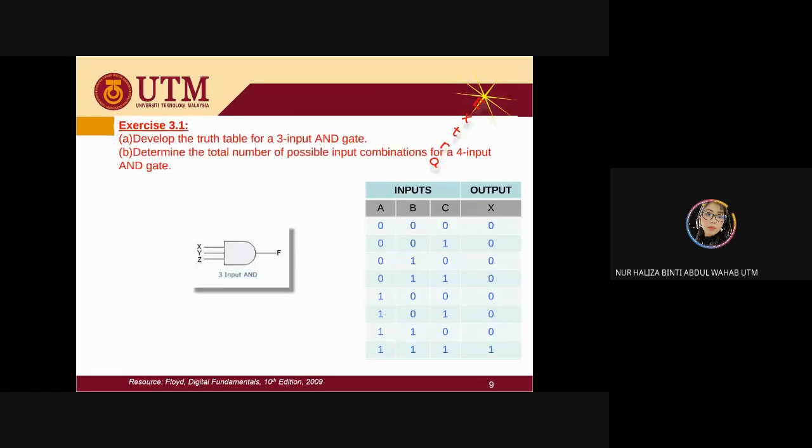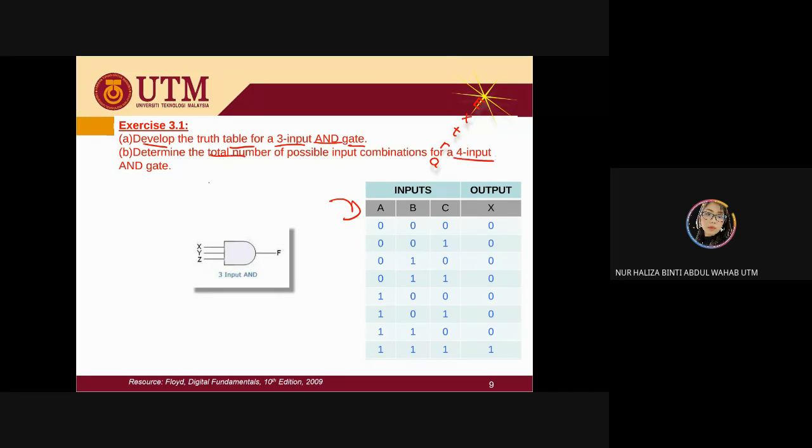Is it okay? This part I also already taught last class, but let's take a look. Let's say you have developed a truth table for 3 inputs and get this one as your answer. It's easy for you. Determine the total number of possibilities if you have 4 inputs.